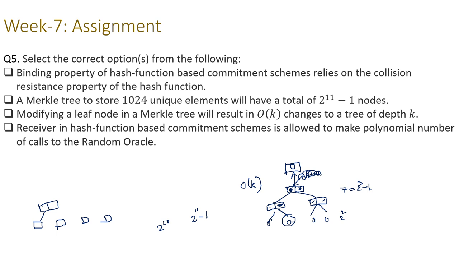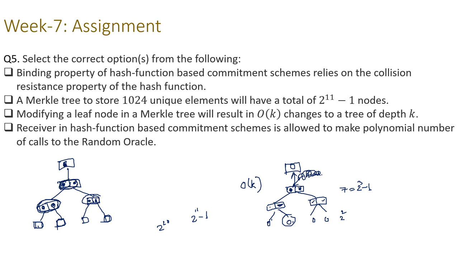In the hash nodes, this part stores the hash of the content of this left child. This is the hash of the content of this right child. This is the hash of this left child. This is the hash of this right child. Now here, this is the hash of the whole content of this. This is the hash of the whole content of this. And then the final root node is the hash of the whole content of this node.